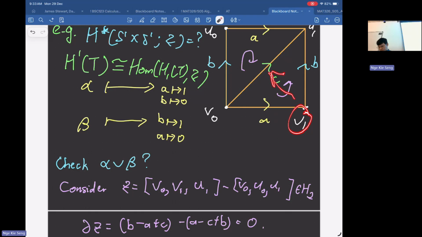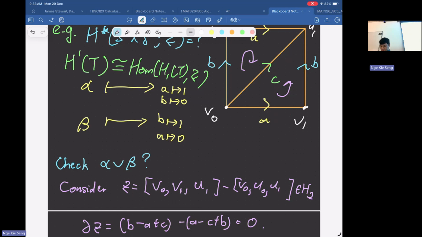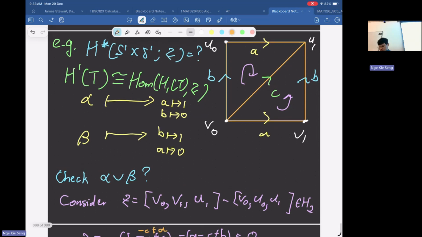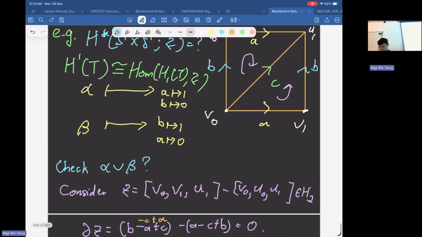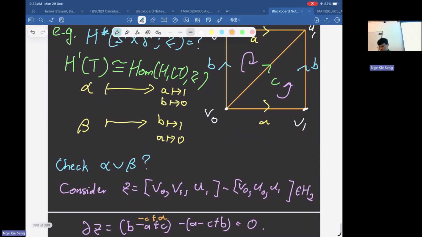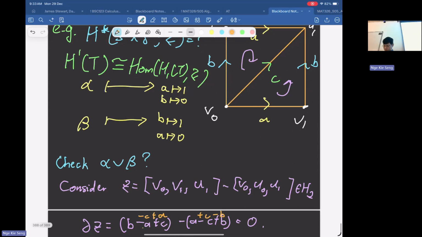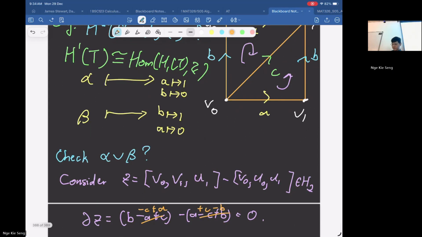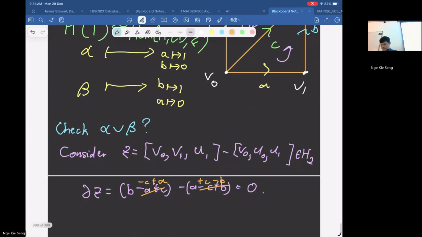This one is minus C, this one plus A. So minus C plus A, and then take away V0, get A, and then U0, get plus C, and then U1 minus B. Yeah, okay, I think this is correct. Okay, so this is a cycle in T.